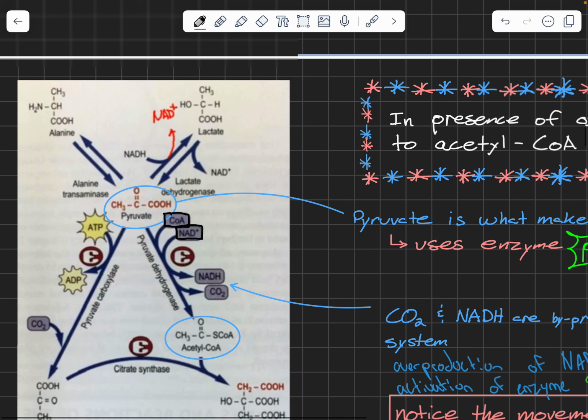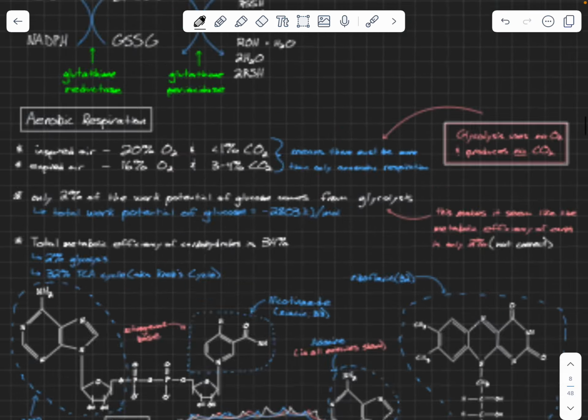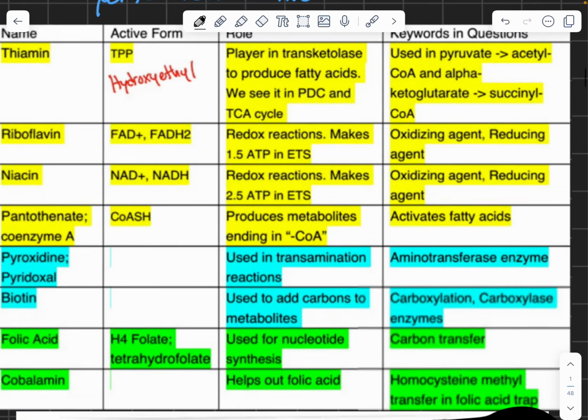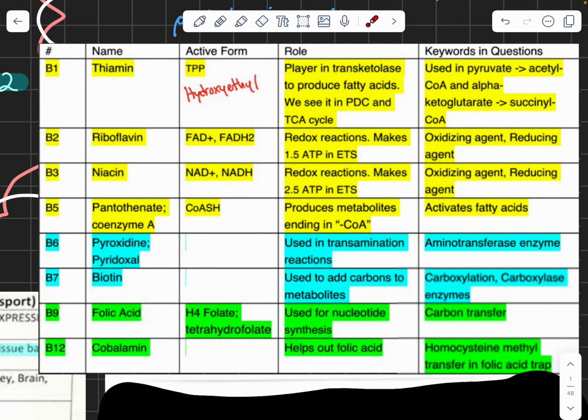And what I want you guys to know about CoA is actually, I believe, B vitamin 5 or pantothenate. And if we jump back up here to our little B vitamin walkthrough, we can see that pantothenate right here is also referred to as coenzyme A or CoASH. And it produces metabolites ending in CoA.